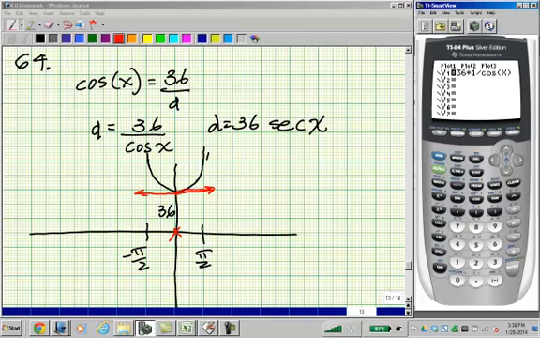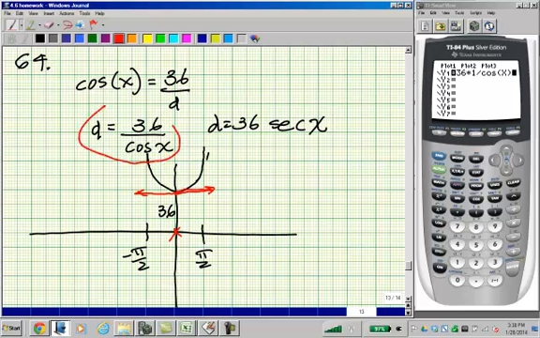I could just do 36 divided by the cosine of x. I don't know why I did times 1 over whatever.